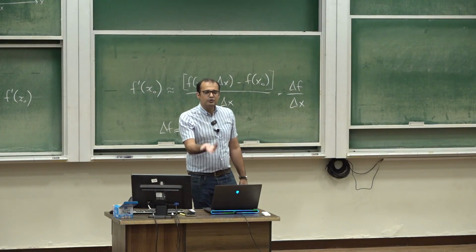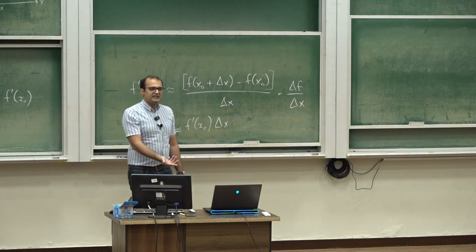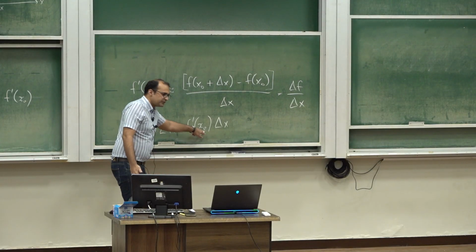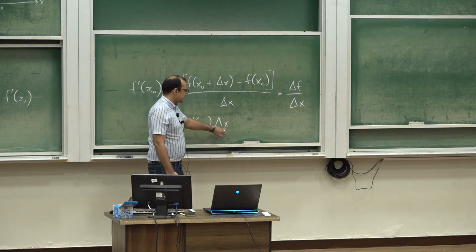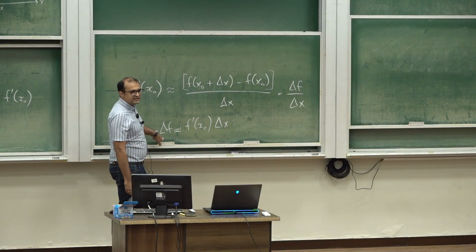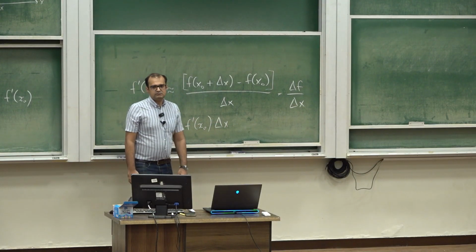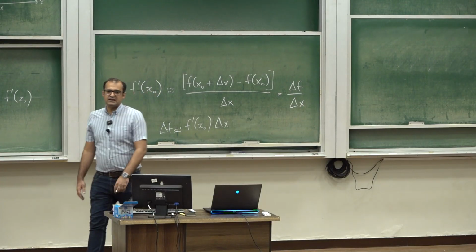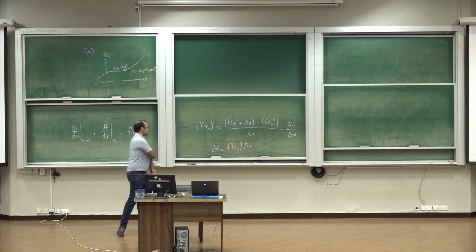So you can still do distance is equal to speed multiplied by time. Rate of change of distance multiplied by the time interval gives you the change in distance. That's one particular example of this thing. Okay, right?